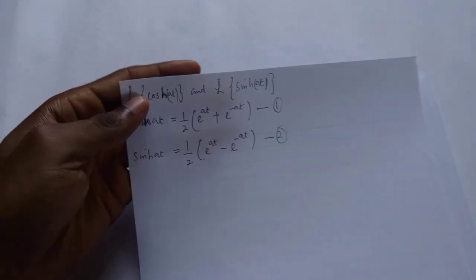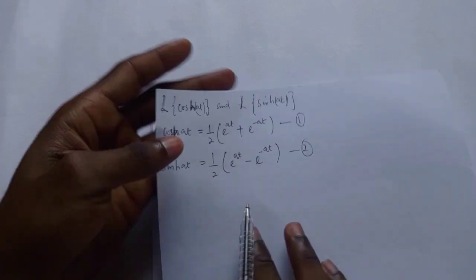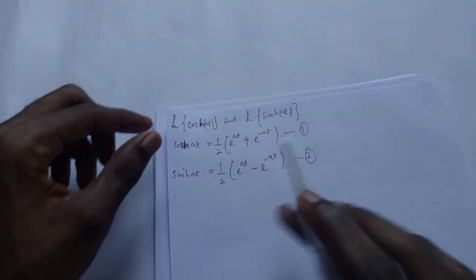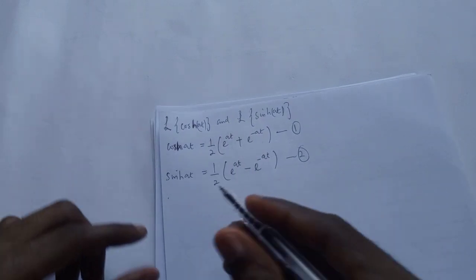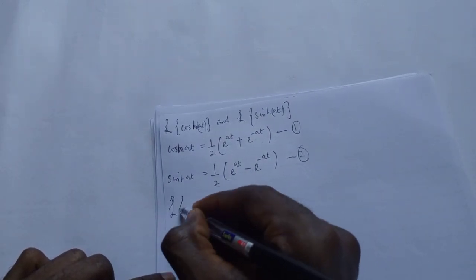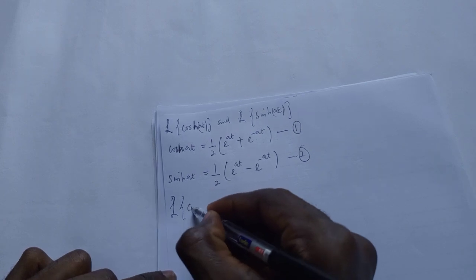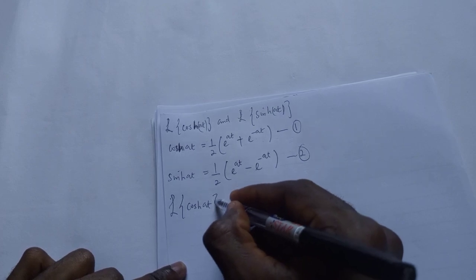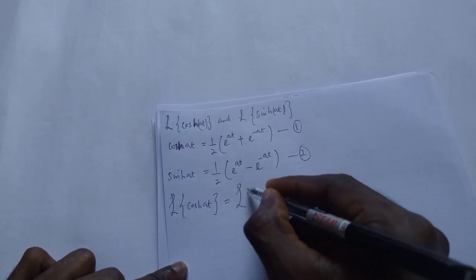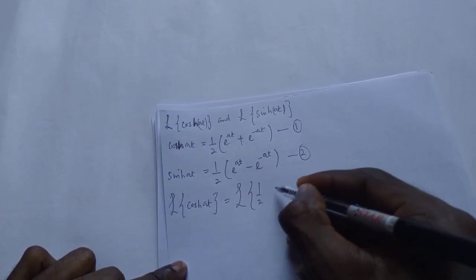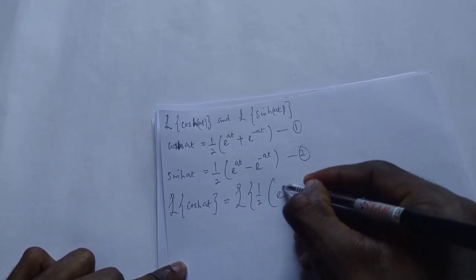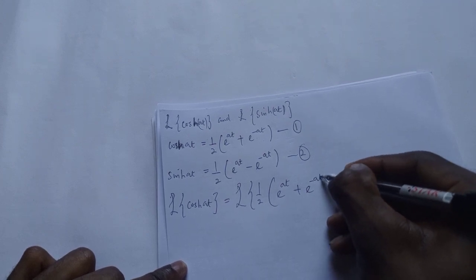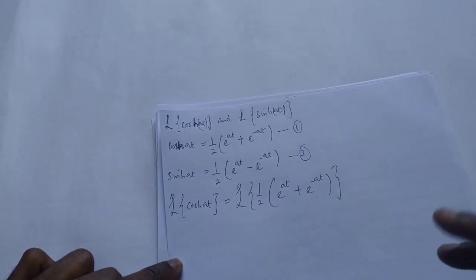So we know that since cosh at is equal to this, which means that the Laplace of cosh at will now be equal to the Laplace of 1 over 2 into exponent of at plus exponent of minus at. So this is what we have.